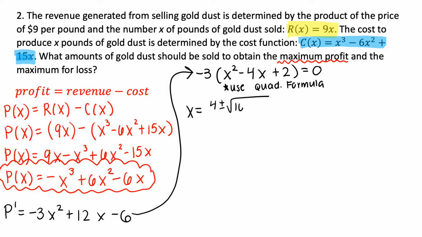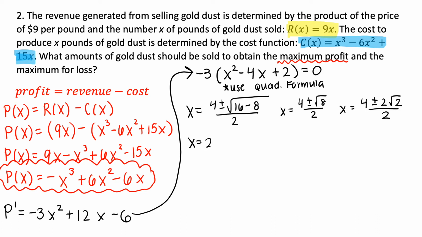Negative 4 squared is 16, minus 4 times 1 times 2 is 8, all over 2 times 1 is just 2. So this gives us x equals 4 plus or minus the square root of 8 over 2, which I'm going to write as 4 plus or minus 2 root 2 over 2. Then simplifying, dividing everything by 2, we get x equals 2 plus or minus the square root of 2.